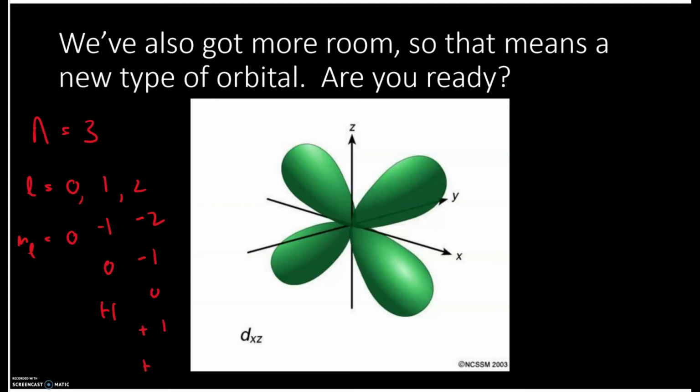And each of these are a new orientation of this new type of orbital that we're going to call the d orbital, because it's kind of shaped like a double peanut, I guess, if you squint. So let's take a look at what these 5 possible orientations are.